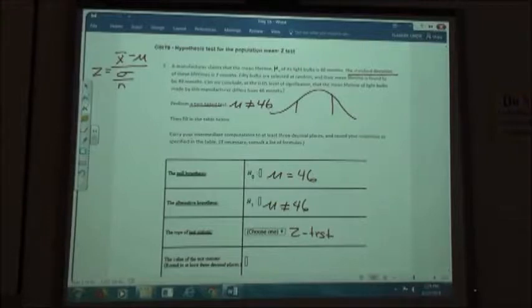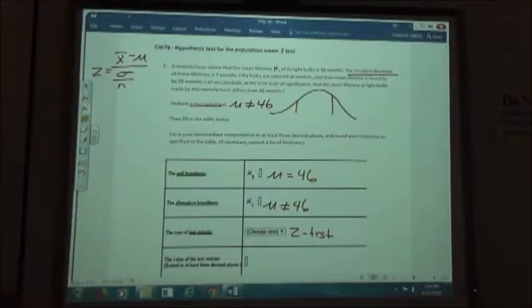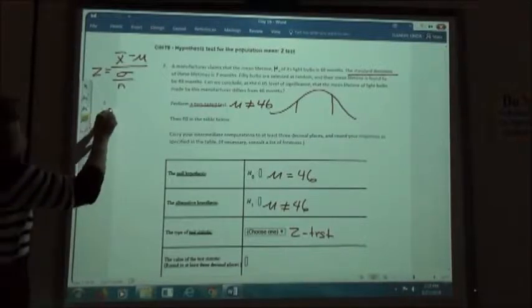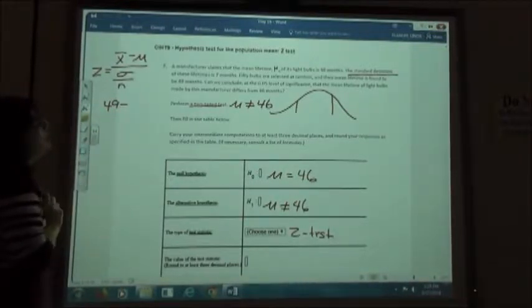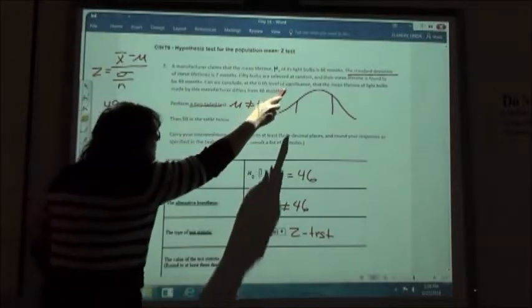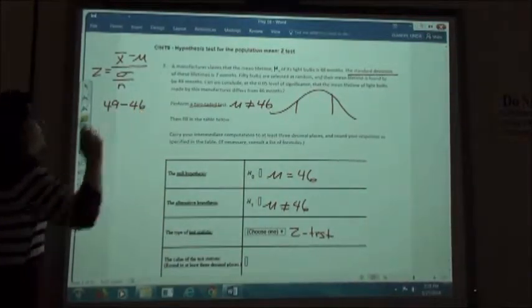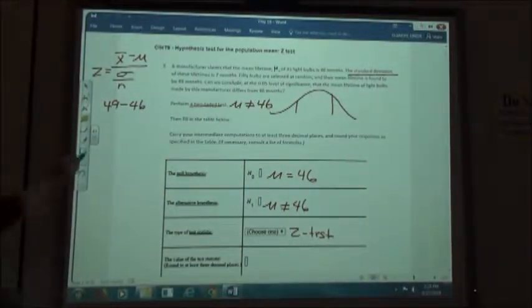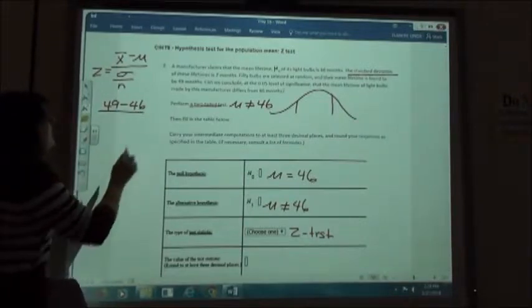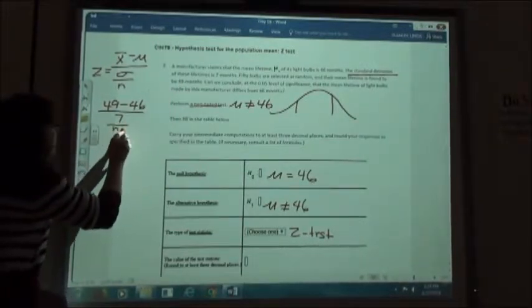Our sample mean is the 49 months that it was found to be when I did my 50 randomly selected. I'm going to do this population mean, which is the given mean. We know that it was 46 months, or that's what the claim was. Standard deviation is 7 months, n we sampled 50.